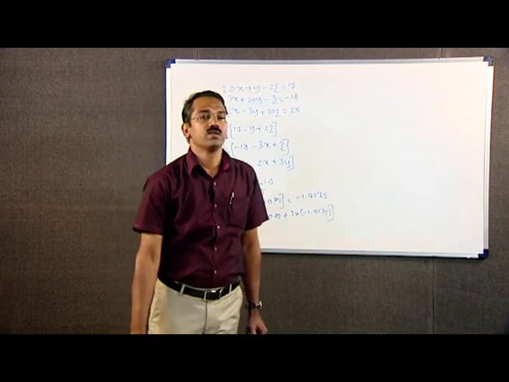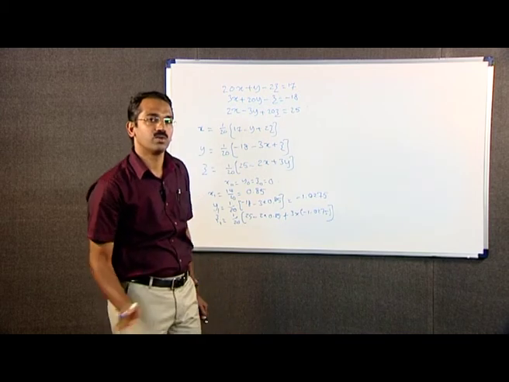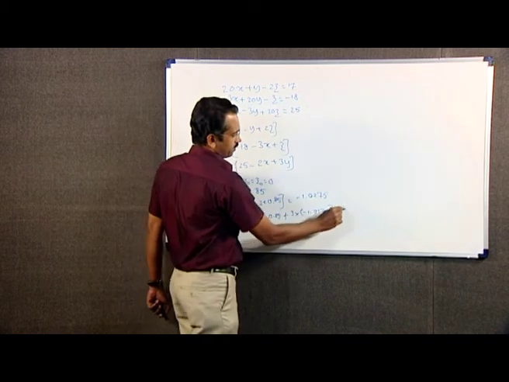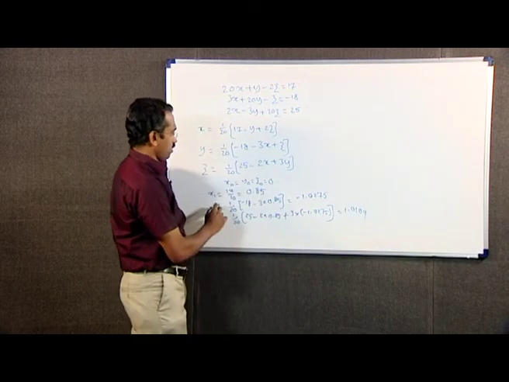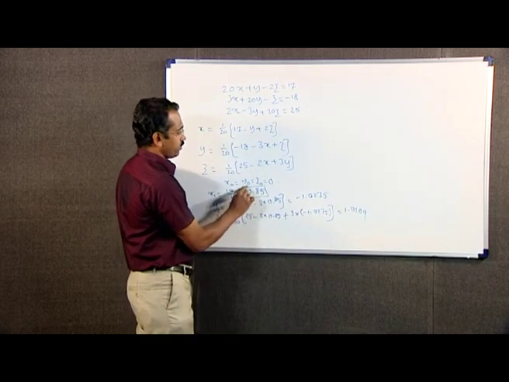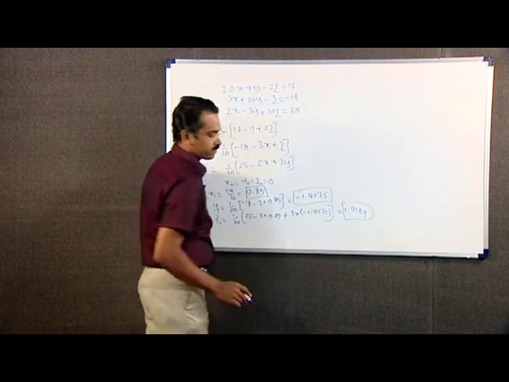On simplification, we will get z1 equal to 1.0109. These are the first approximate values of x, y and z.